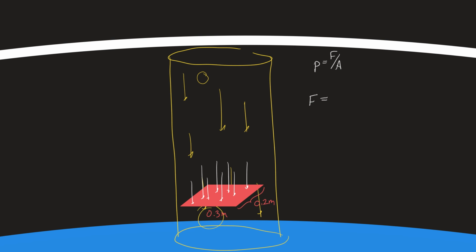I'll remind you that we are near the surface of the Earth, which means we are experiencing 1 atmosphere of pressure, which is 101,000 pascals, and some change, but we'll just leave it at 101,000 pascals. And again, it's 0.3 meters on one side and 0.2 meters on the other. I'll give you a second.